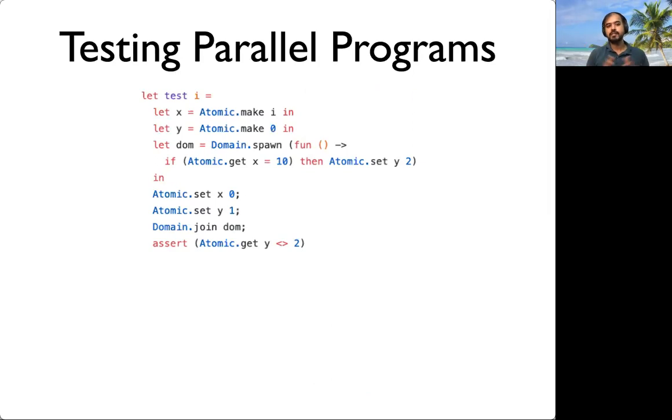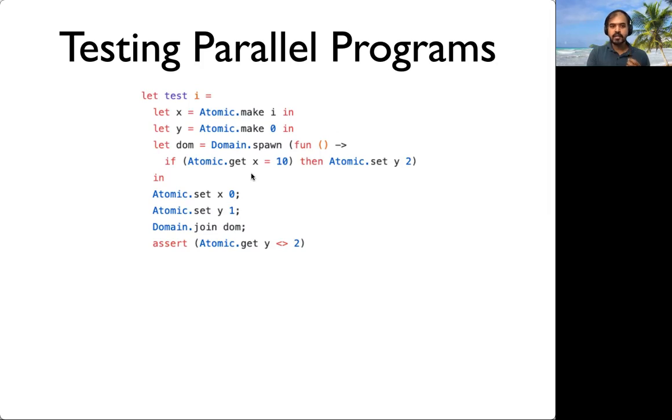So let's take this parallel program written using Multicore OCaml as an example. In this program, we have a function test that takes an input I, which is an integer, and it creates two atomic variables x and y, where y is initialized to 0 and x is initialized to the input value I, and it spawns a new domain.